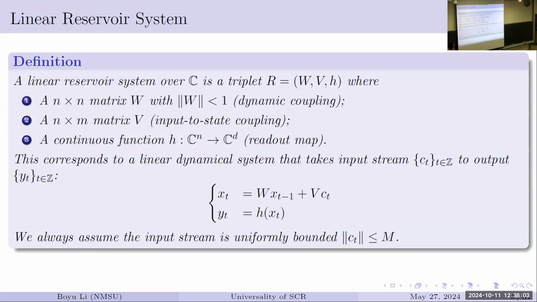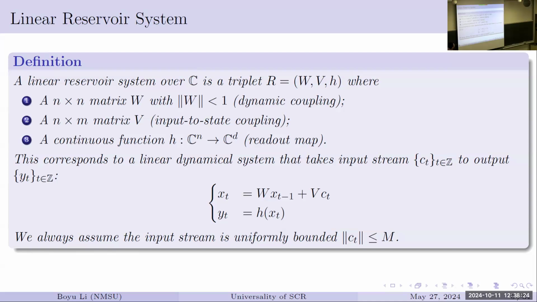I have to say there are several other possibilities. Instead of requiring the norm less than 1, you can require things like the absolute value of the eigenvalues being less than 1. They have very similar properties, but for the purpose of our talk right now, we need this operator norm less than 1.